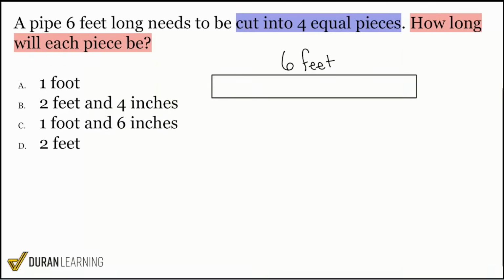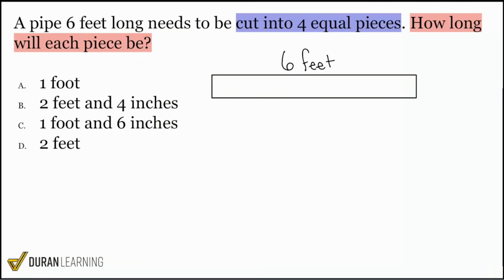And another little hint is the word each, because how long will each piece be? It's basically insinuating that we're starting with the whole thing, and we are going to be either multiplying or dividing with the word each. But because we're looking for each, we're going from the total down to the piece, which is, again, division. So there are 2 ways that we can get this problem done, everybody. 2 ways.